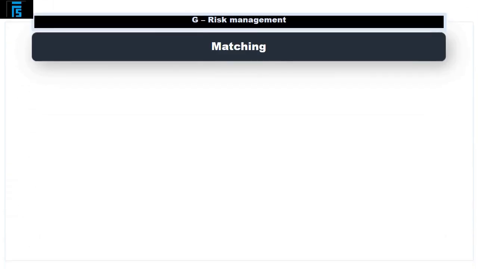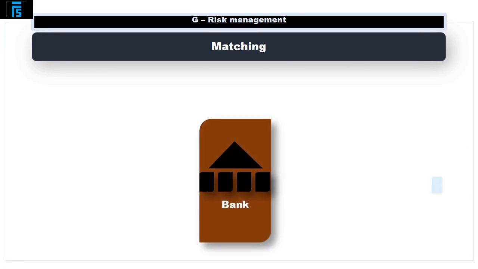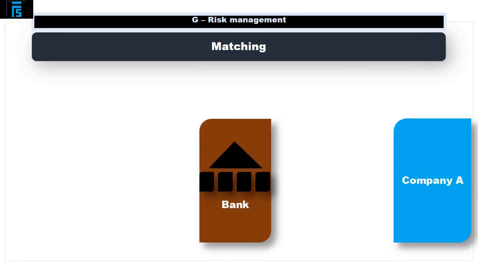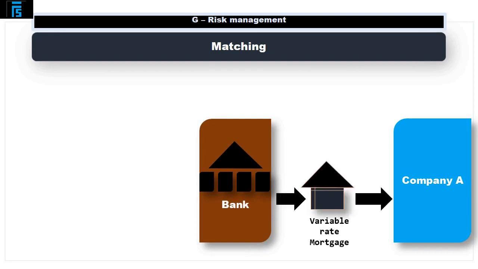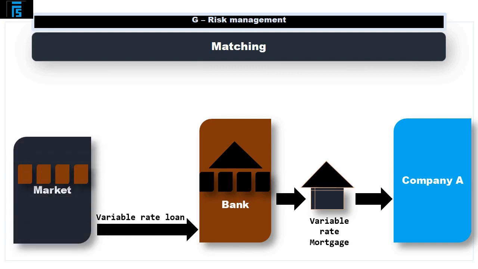Firstly, let's consider matching. Suppose I'm a bank and a customer has come to see me to ask about a mortgage on a property. If that customer would like a variable rate mortgage, in other words, the interest rate will go up and down in line with market rates, the bank's income will vary depending on what the prevailing rate is.